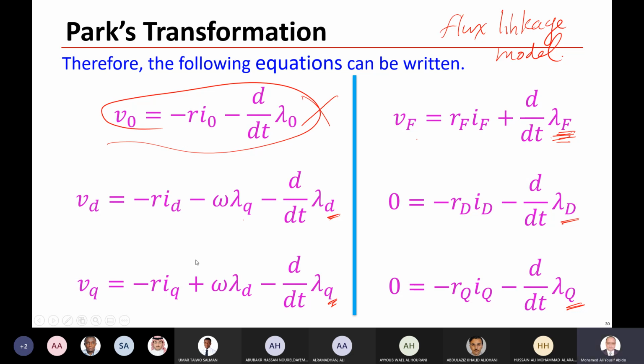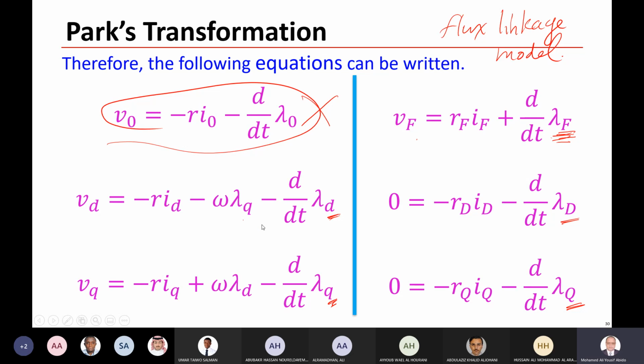If we add the swing equation to this model, we have a seventh order model of the synchronous machine. And of course, this is the voltage, and this is the flux linkage. We can write this model in terms of the currents.